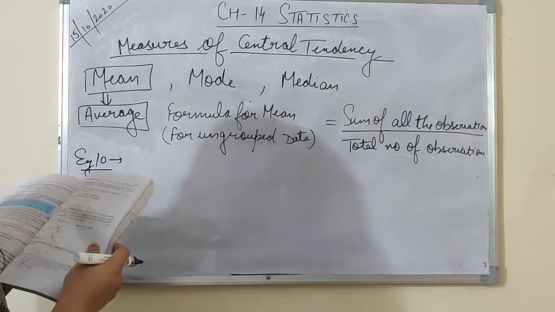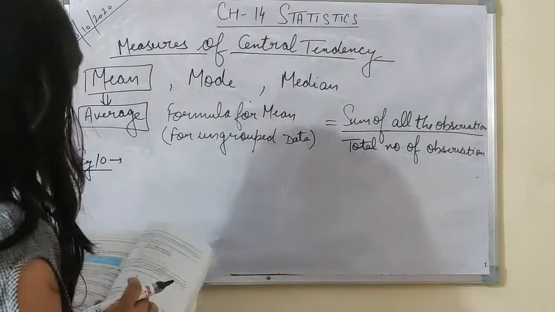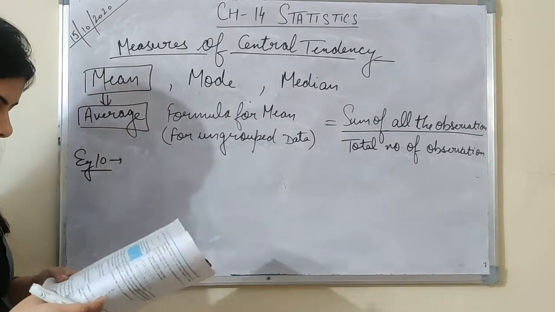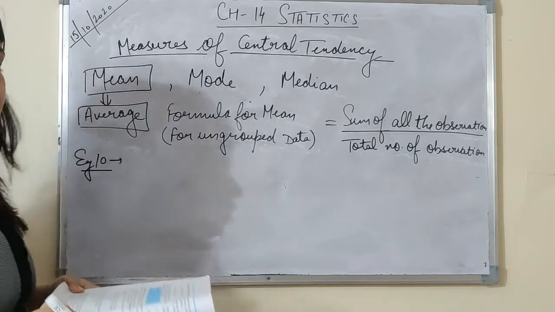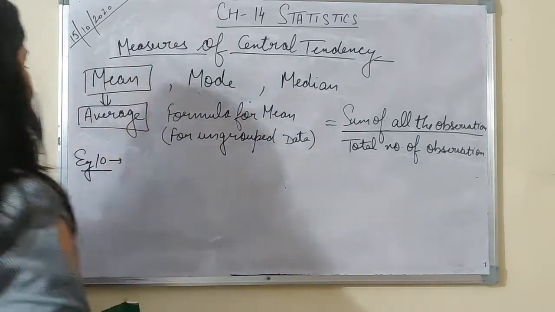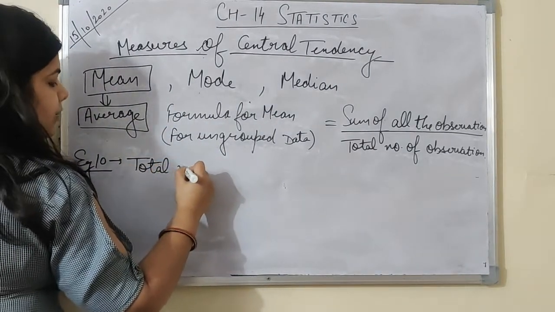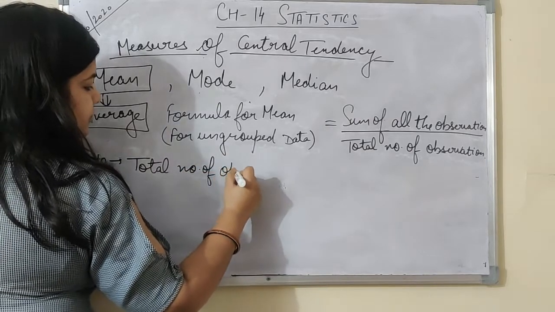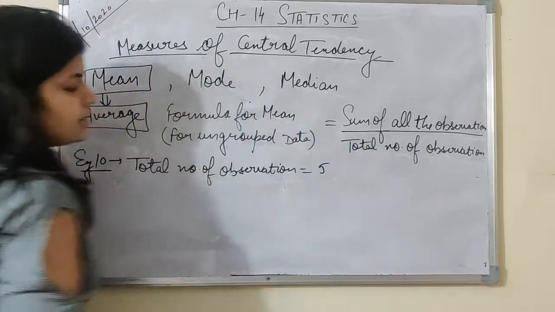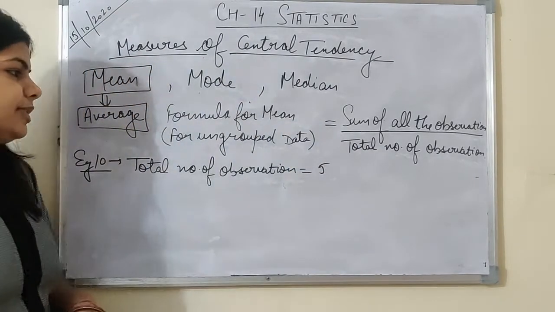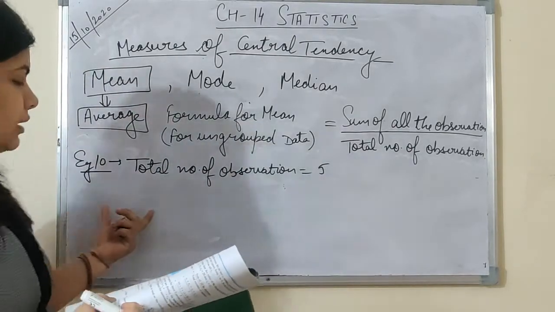That means it is clearly mentioned that the total number of people asked about the time in a week they spend in doing social work is 5, so for 5 people we have to find the mean.